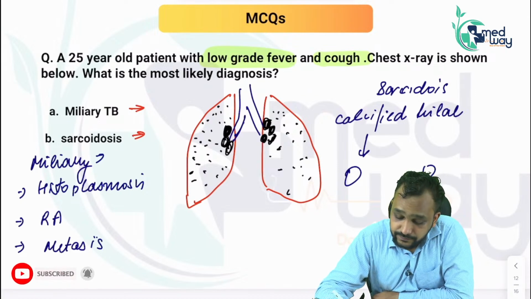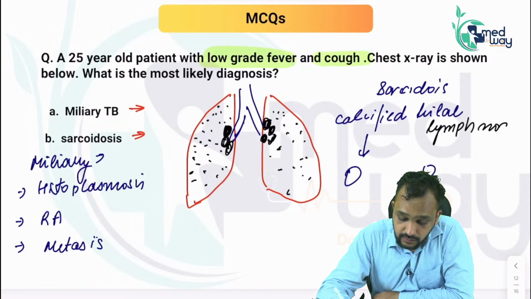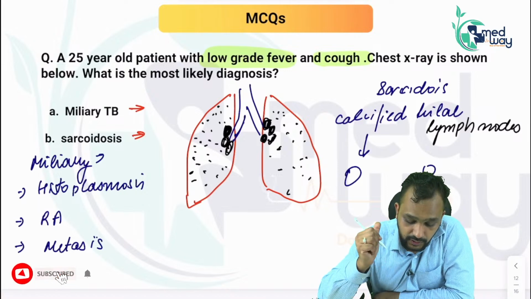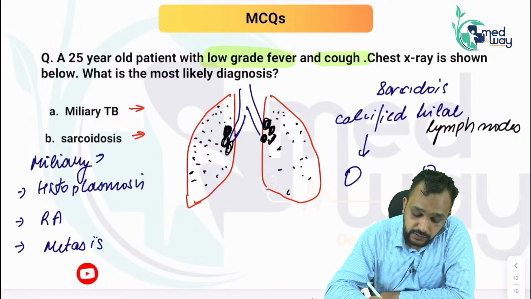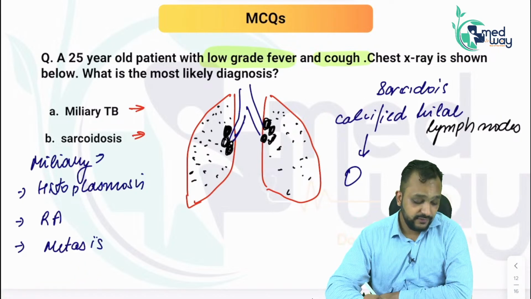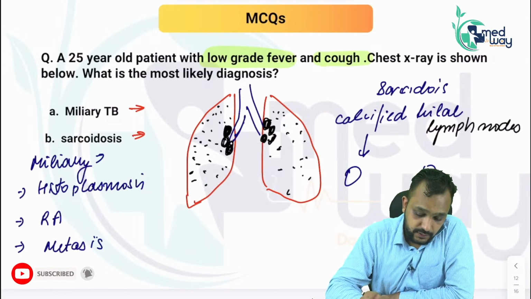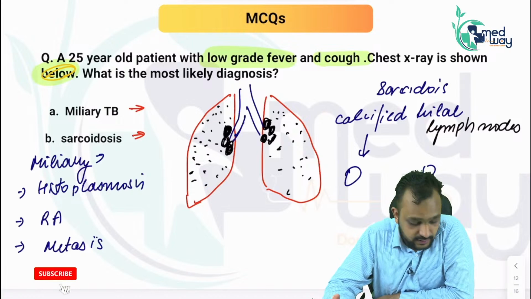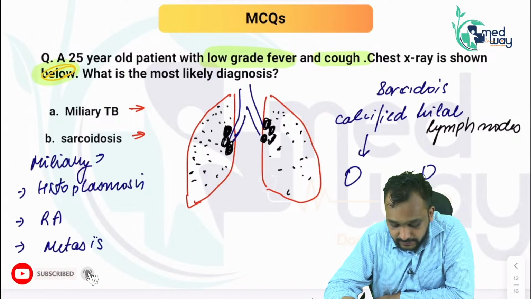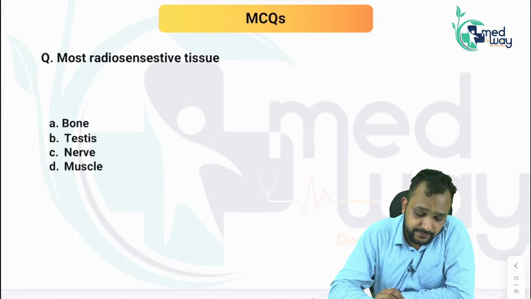Calcific hilar lymph nodes are the characteristic feature. You have to tell me what was given in the option, whether there were multiple tiny nodules scattered in both lungs or multiple calcific radiodensities in the perihilar location. Can anyone tell me in the comment section? I've given you how both look on the X-ray.